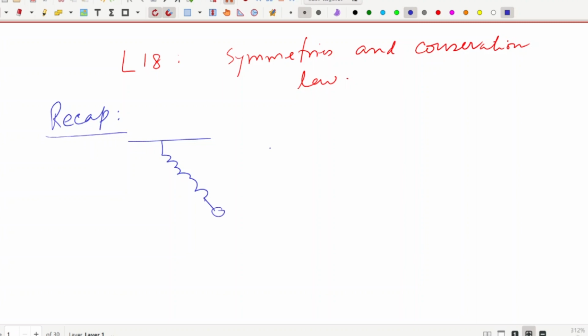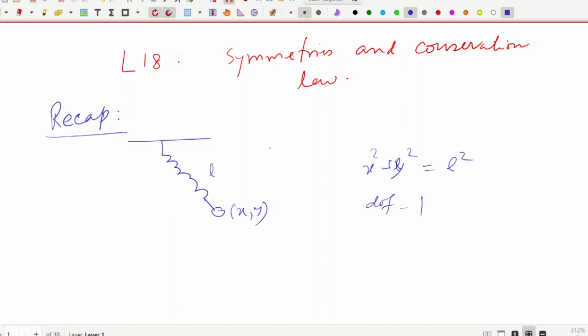So a simple pendulum, but the string is replaced by a spring. In that case this length will change, but at any moment of time it will preserve the constraint that if the coordinates are x and y for this pendulum, then x square plus y square will be L square. So this is a kind of time dependent constraint, but the degrees of freedom for this system will be 1, and we have found the Lagrangian.